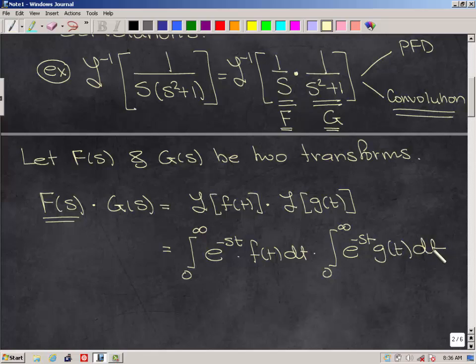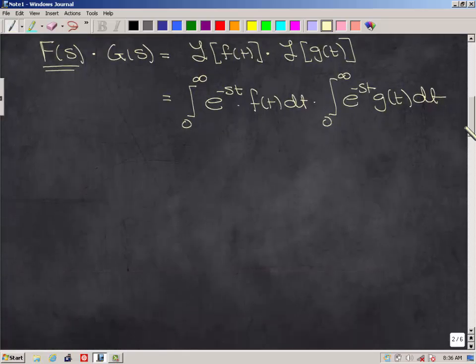So we're just using the formal definition of the Laplace transform. Now, if you remember from Calc 1, anytime you're doing a definite integral, the variable of integration we always call a dummy variable. Why is that? Because eventually that variable is going to get replaced with the limits 0 to infinity. So it can be called anything.